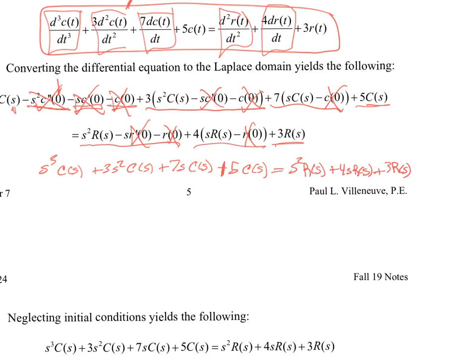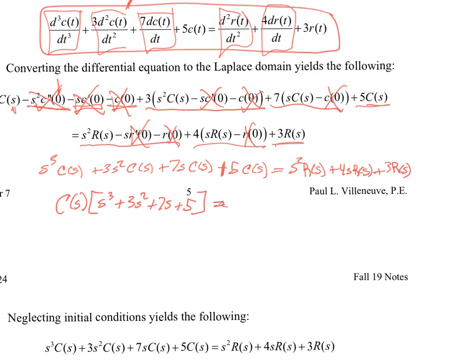Okay, so now it would behoove us to go ahead and factor out the C's and the R's to get a simpler equation, because again, I'm looking for a transfer function, which is output over input, right? Which is C of s over R of s. So let's factor out my C of s on this side. And I have s cubed plus 3s squared plus 7s plus 5 on the left-hand side.